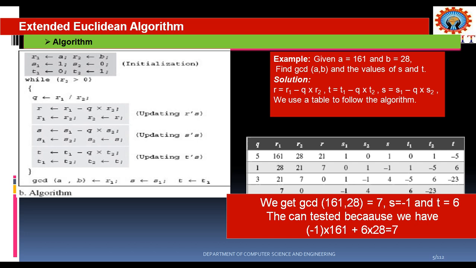R1 is equal to A, R2 is equal to B, initial values. Then S1 is equal to 1, S2 is equal to 0, T1 is equal to 0, T2 is equal to 1, initialization. Whenever the R2 value becomes 0, you stop the repetition, so while R2 is greater than 0, repeat this process.